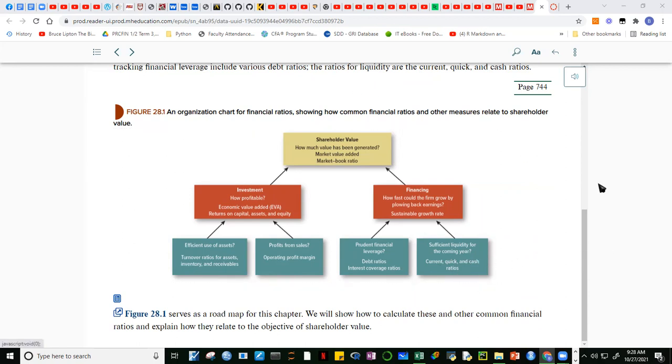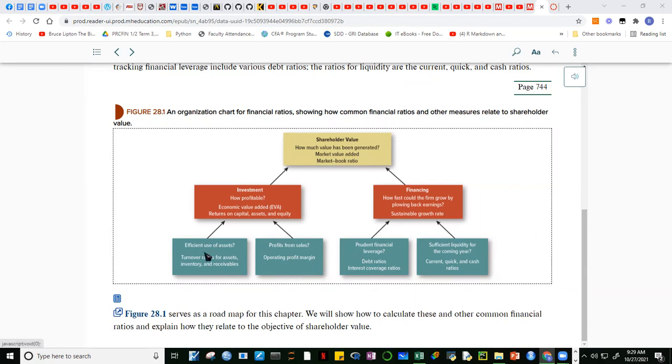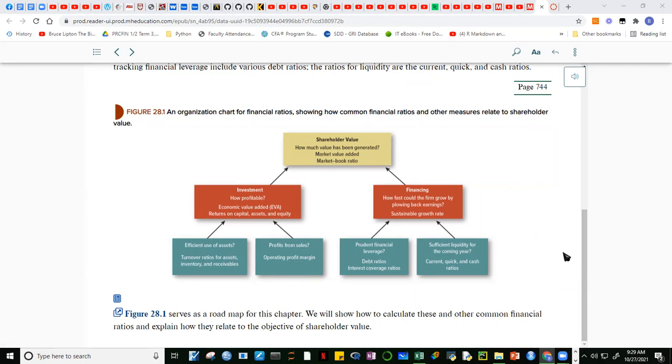In order to assess the firm's performance, we look at these ratios and other financial ratios. Now, we don't look at it just for one period, because we have to benchmark the firm's performance against two things. Benchmark it against time.